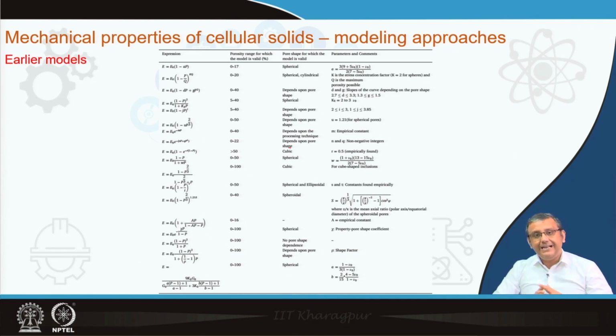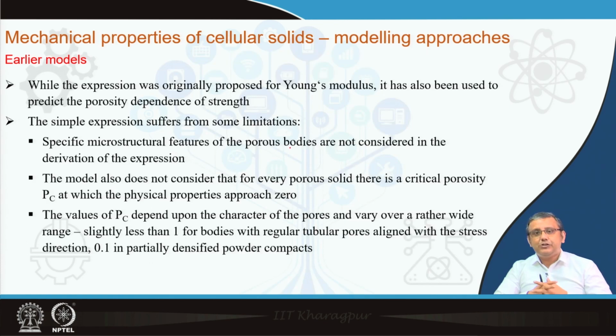But this modeling approach has some limitations. The main limitation is that it assumes a very simplified pore shape or simplified pore dimensions. That means, the real pore shapes and the real pore dimensions are actually not taken care of in this kind of model.